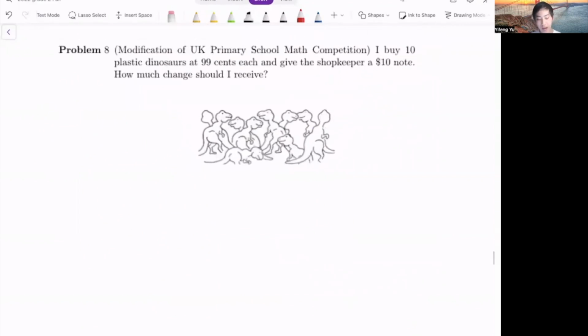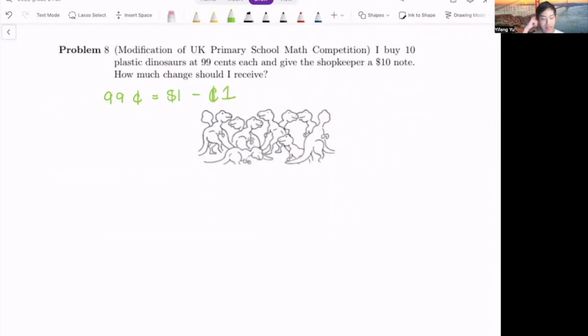Problem 8. I buy 10 plastic dinosaurs at 99 cents each and give the shopkeeper a $10 note. How much change should I receive? So if he buys 10 plastic dinosaurs at 99 cents each, we can basically write 99 cents as $1 minus 1 cent.